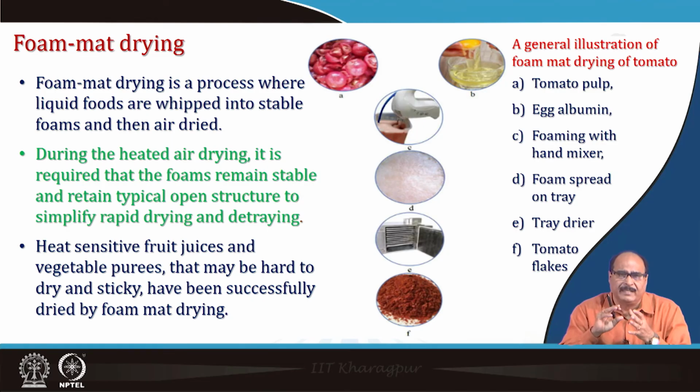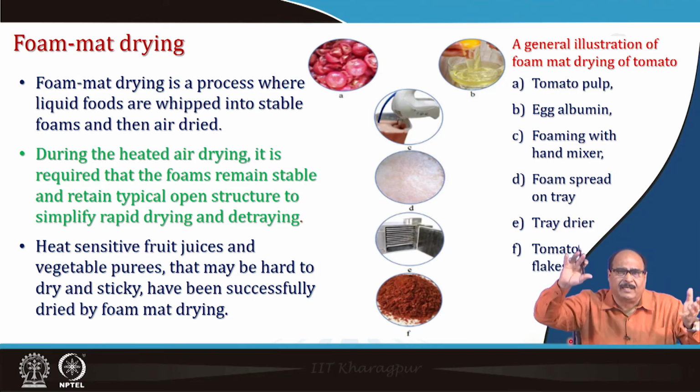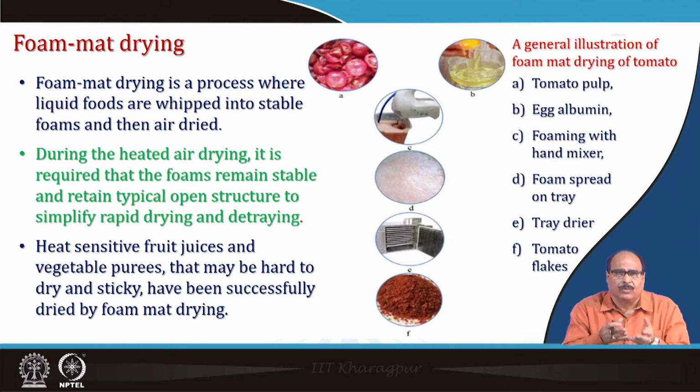So, some foaming agent is added into the material and then it is whipped to create a foam. By foaming we are basically increasing the surface area of the material. Then it is spread in the form of a thin sheet and put into the convective air drying system, that is, air is blown and the rest is like simple air drying.